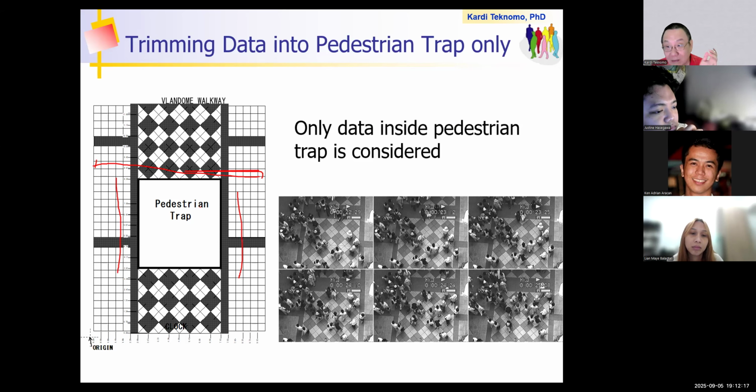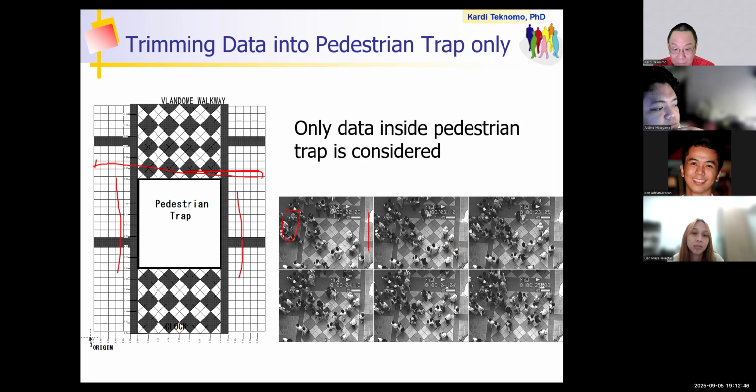But if I include this part, where they are sitting down here, then it is not representative of the actual movement of pedestrians. There are a lot of things around here that do not represent the actual movement, so I don't include them.